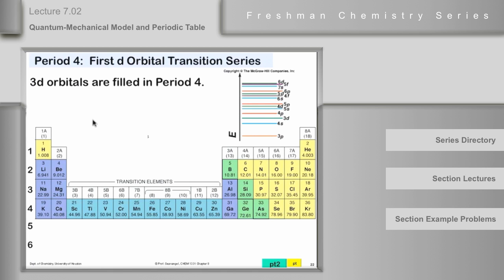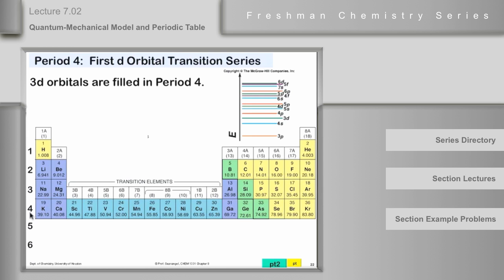Now, as we go along here, we have finished the 3p last time. And that is element number 18, argon. At argon, we filled up the 3p. So we asked the periodic table, where's the next element? So we look for 19. So where's 19? Well, it's clear over here on the other side.